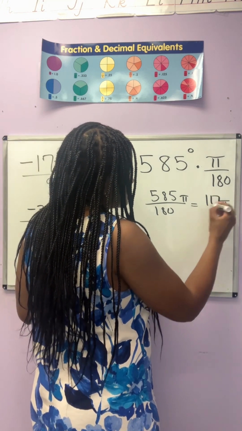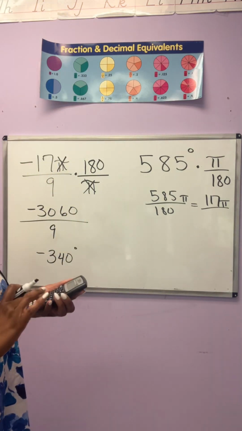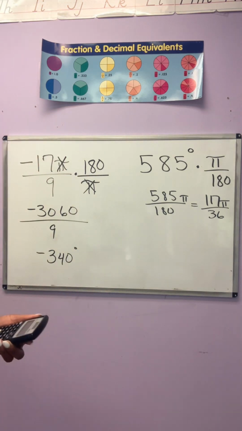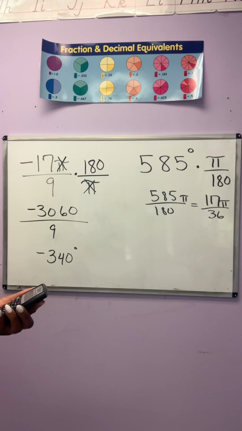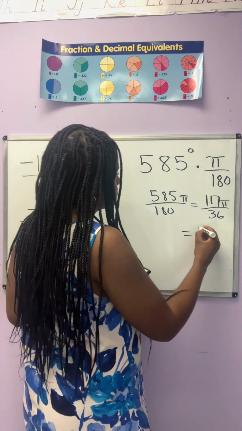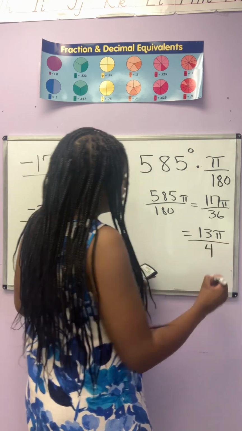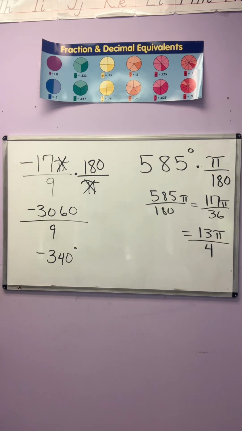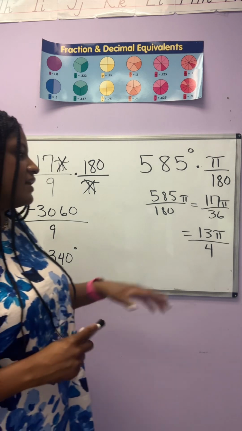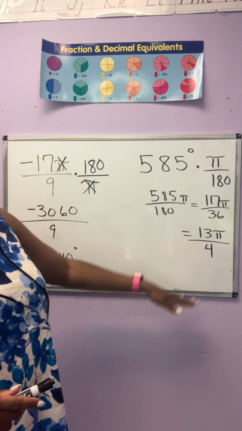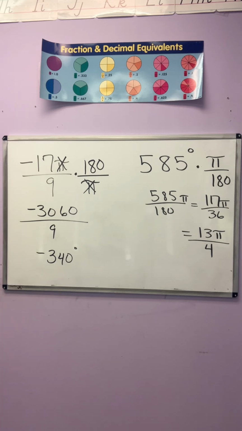I don't know if this is in simplest form yet. Oh, no, maybe not. So we want to make sure we simplify our fraction. Okay, yeah, it's not. So it's 13 pi over 4. So that might give you a little bit better idea of how much this is now. But this would be the measurement in radian.